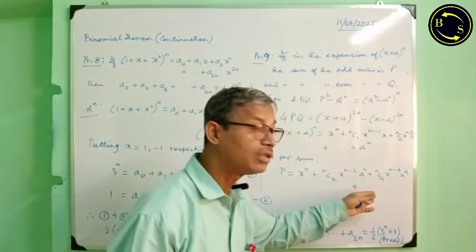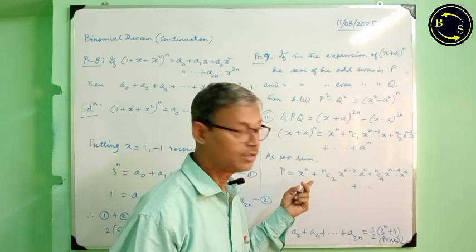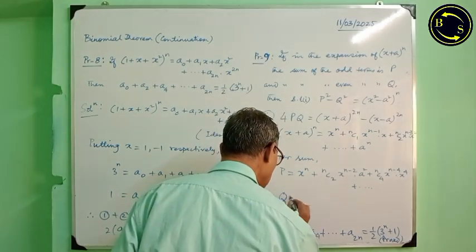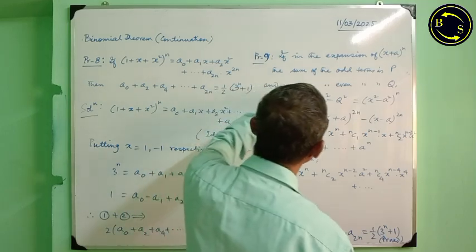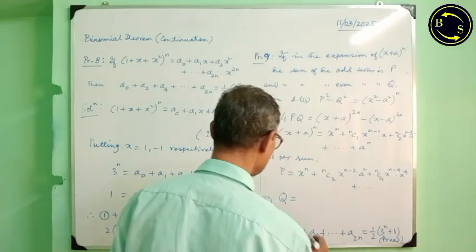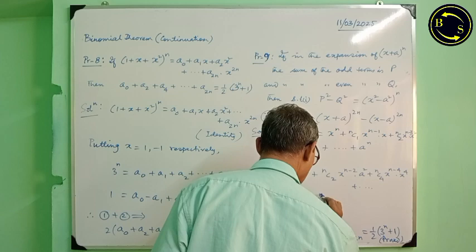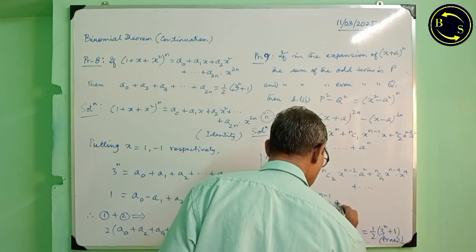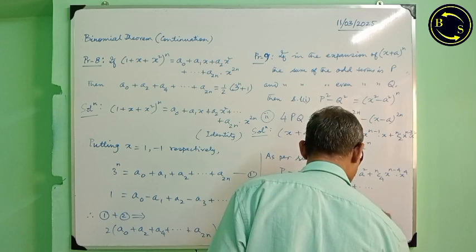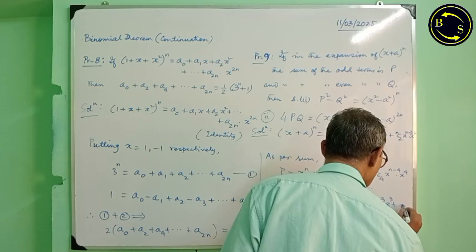We cannot write here the last term as we don't know the exact value of n. Therefore, we keep up to this stage. And Q will be equal to the terms placed at even places. That means nc1 x to the power n minus 1 into a to the power 1 means a, plus nc3 x to the power n minus 3 a cube plus dot dot dot.